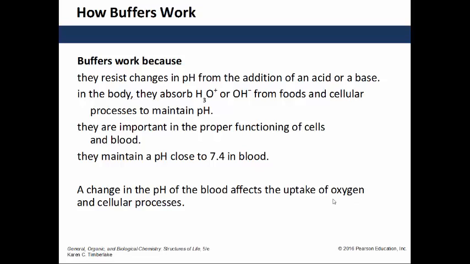The pH of your blood should only be between 7.35 and 7.45. If it gets lower than that, you're going to have serious problems. If you have a pH higher than that, you're going to have some serious problems. So you have these various buffer systems that are used to maintain the really tight window of pH that your blood can handle. Because if you have a change in pH of the blood, this will affect how well you take in oxygen to the cells.